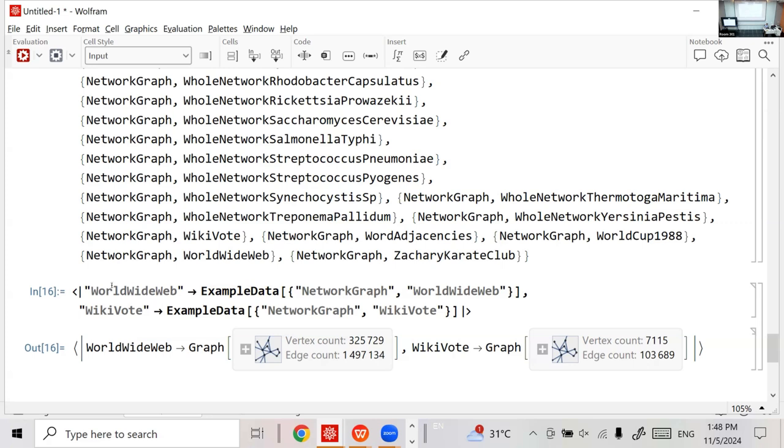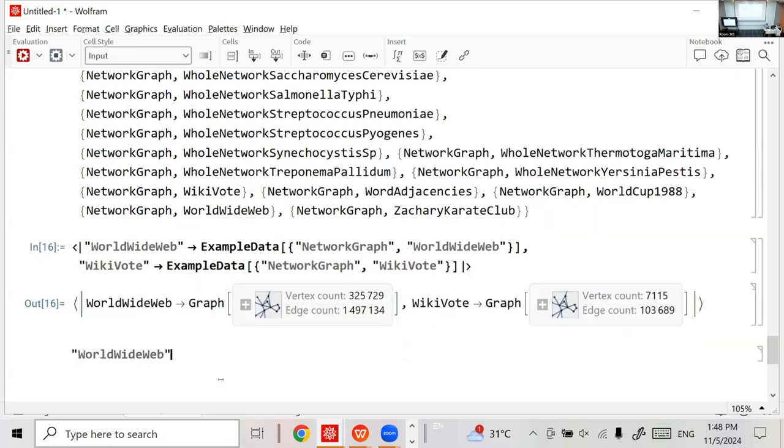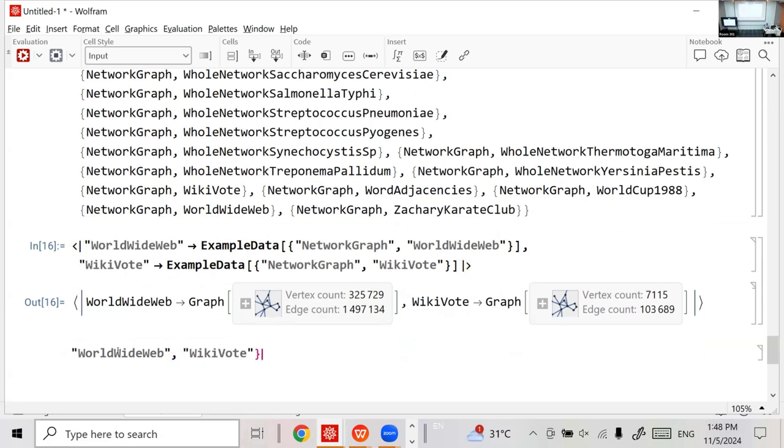So what I want to do is I just put this, comma, Wikivote, comma, as a list.